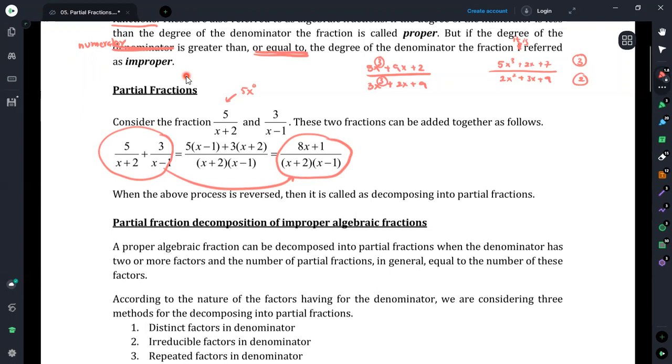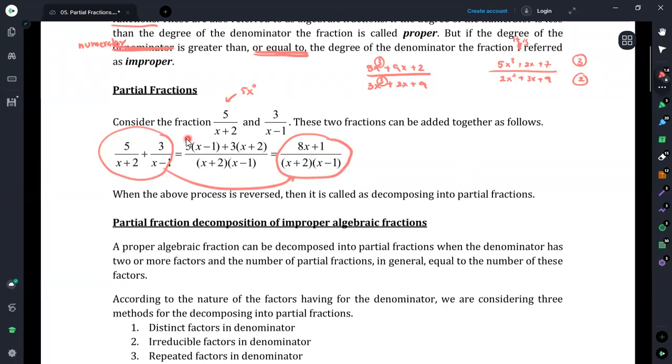Now, if we reverse this process, suppose this is the quantity you have now, and you decompose it into the addition of two or several algebraic fractions which cannot be simplified any further.